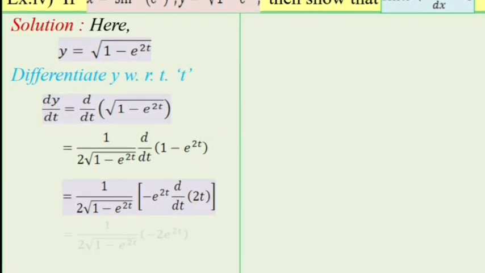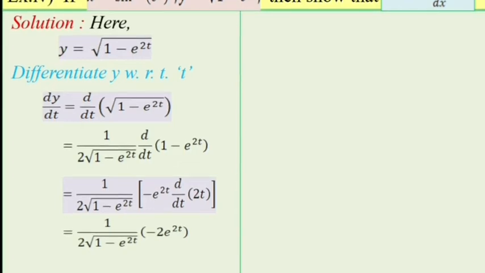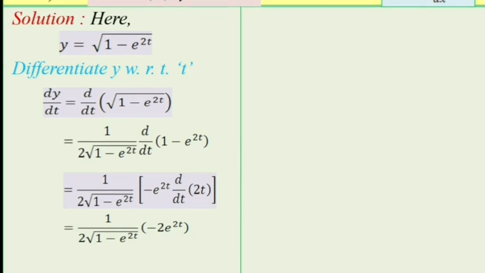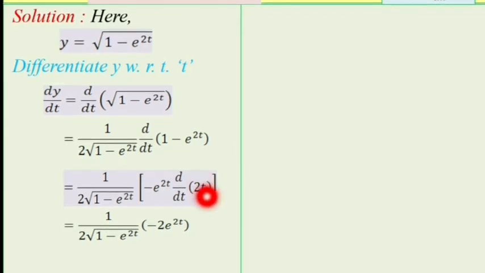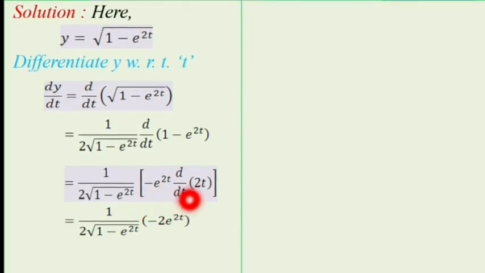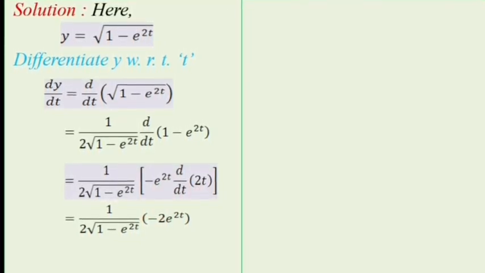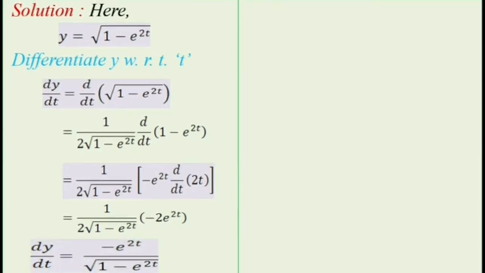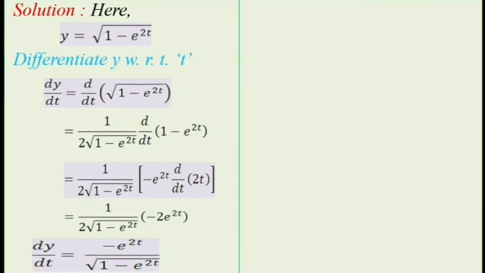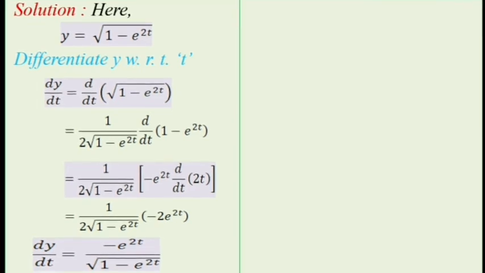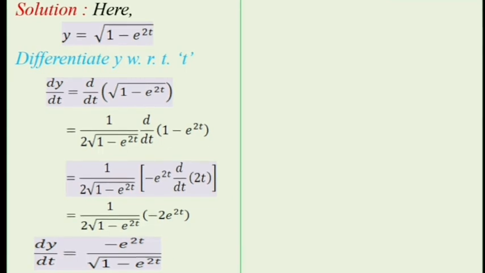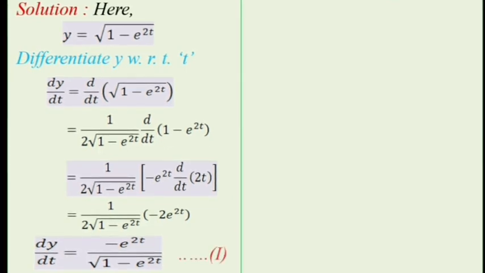Therefore we get 1 upon 2 root of 1 minus e raised to twice t into bracket minus, twice t having the derivative only 2, and 2 into minus e raised to twice t, that is minus 2 e raised to twice t. Therefore we get dy by dt, here 2 and 2 cancel, and the only remaining is dy by dt equal to minus e raised to twice t upon root of 1 minus e raised to twice t, and that is equation number 1.